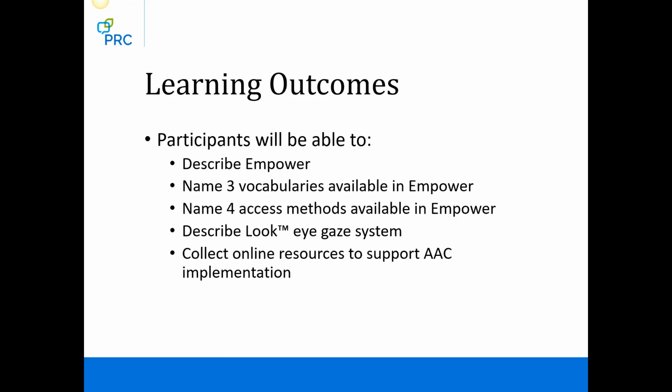We're also going to have a quick look at Look, our new eye gaze system, which I'm going to try to show you from the device. And then we're also going to review some online resources which support AAC implementation from our website, from Pranky Romic.